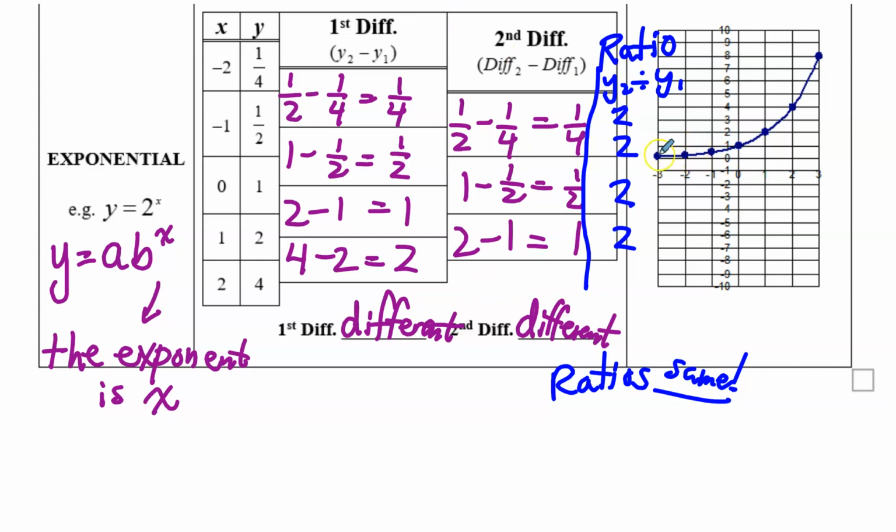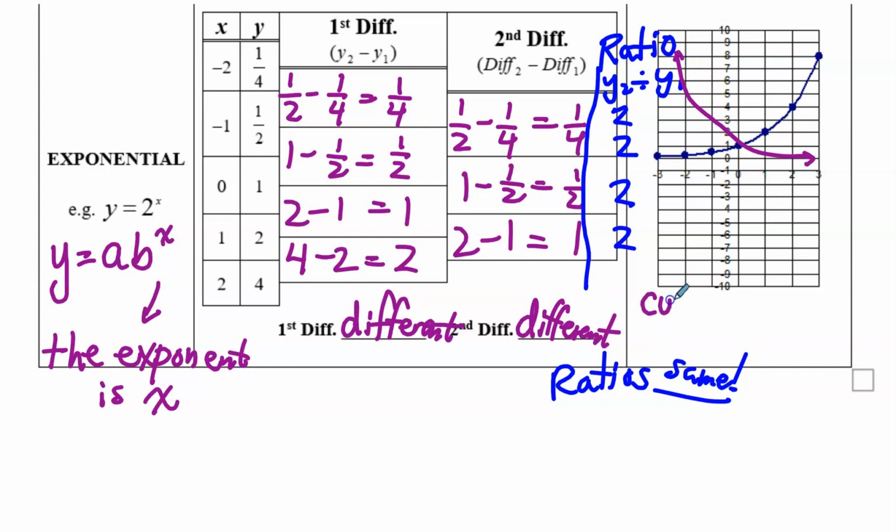Also, we looked at some graphs, and we're going to look a little bit more at graphing tomorrow, but the curved line here shows that it's an exponential. It could also be a curve going the other way. So we looked at both exponential growth and decay.